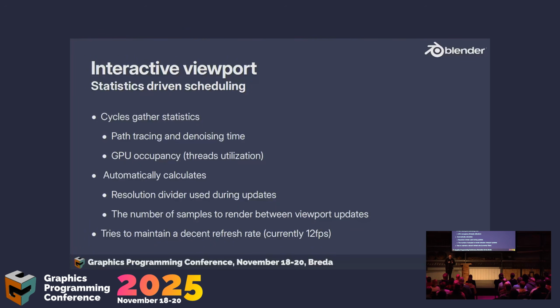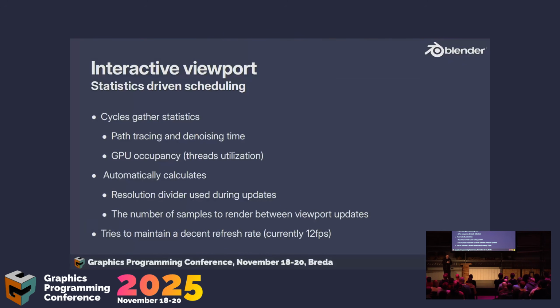For us, that means how many threads were busy and how many threads were idling, and the basic idea is to calculate the number of samples to render in one batch to keep interactivity. If we know that samples render quite quickly, we can schedule more samples at once. If we know that the GPU was mostly idling, we can add work to do without affecting render time as well, and then people in one redraw will have less noisy results.